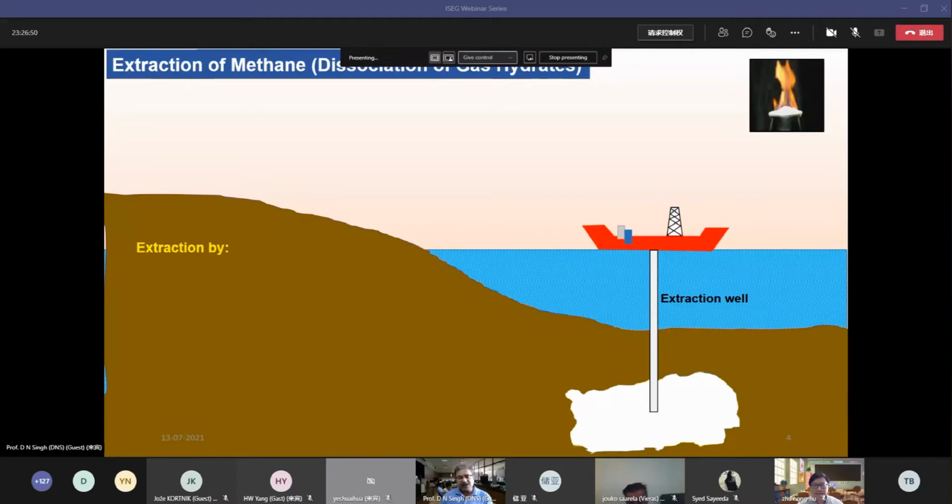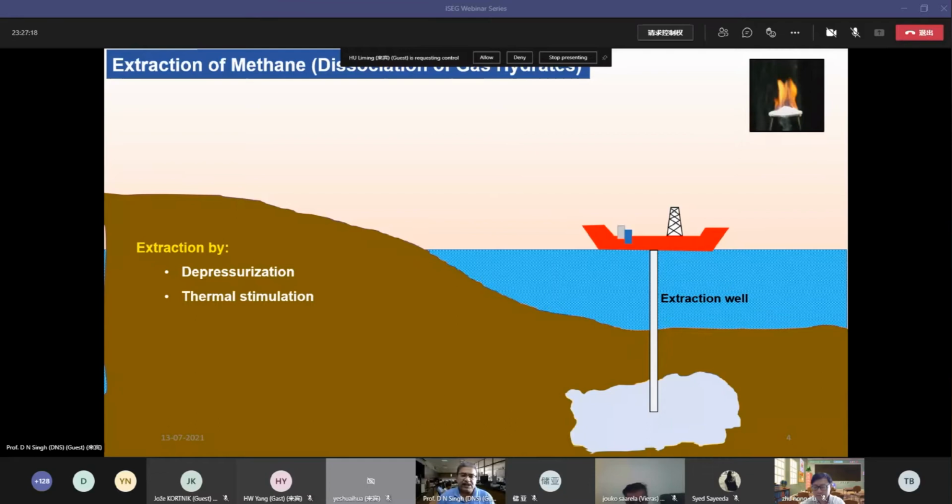So extraction is normally done by a few techniques. These techniques are either you depressurize it, because the system is at a very high pressure and very low temperatures, and the hydrates are getting interlocked in the sediments. So one of the techniques being mastered by everybody is depressurization by extraction well, if I allow the suction to happen, or if I open it to the atmosphere.